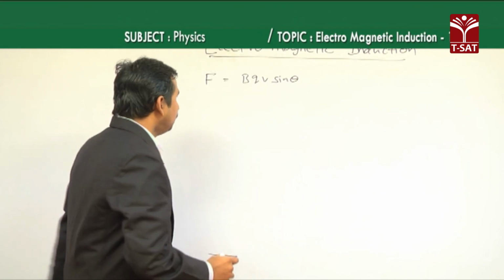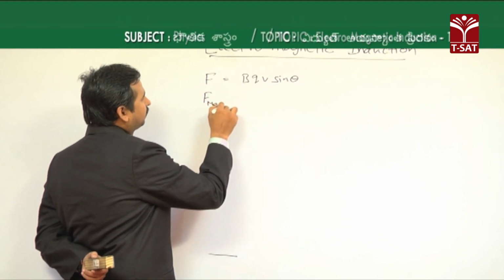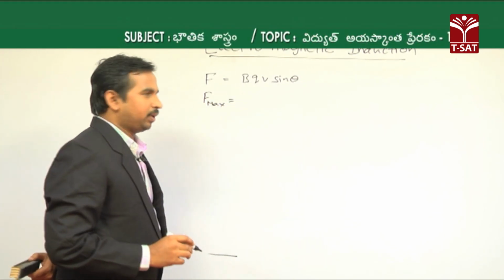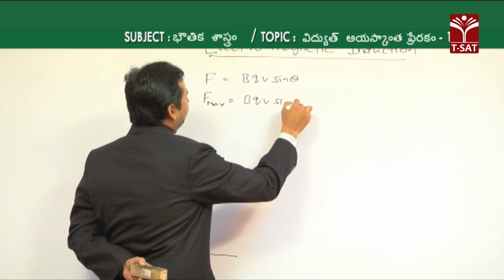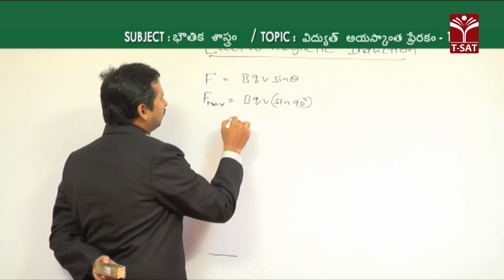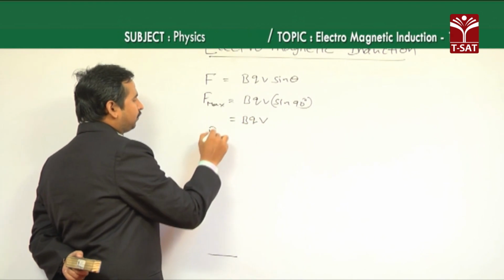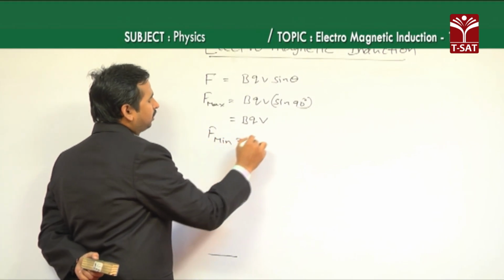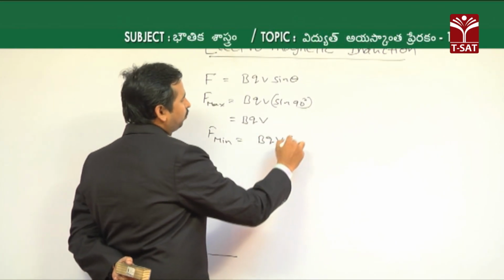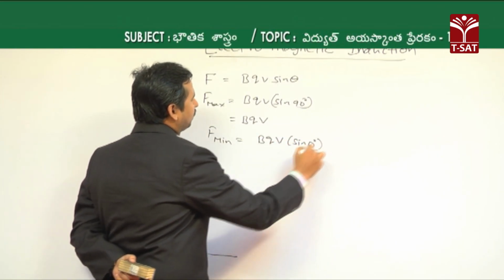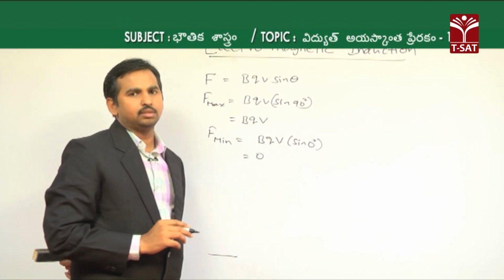For the case of maximum, if the charge is going perpendicular to the plane, theta becomes 90, BQV sin 90 degrees, where sin 90 is 1, and the maximum value is BQV. For the case of minimum, where the charge is parallel, BQV sin 0 degrees, sin 0 becomes 0. So the minimum force acting is 0.